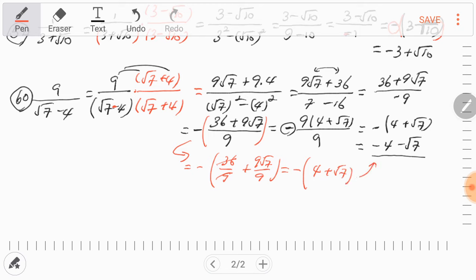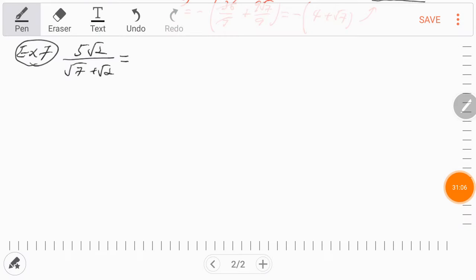Okay, so when we simplify a fraction, make sure the denominator does not contain a radical. And when we get to this stage, make sure that if there's a common factor in the numerator and the denominator, we reduce as well. We will rationalize, multiplying by the conjugate of the denominator.